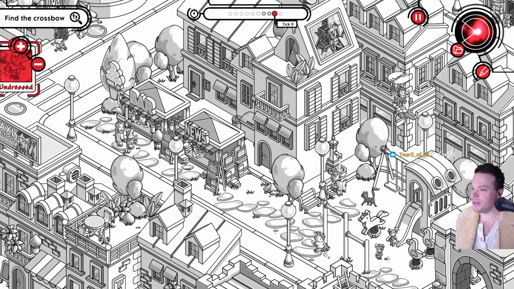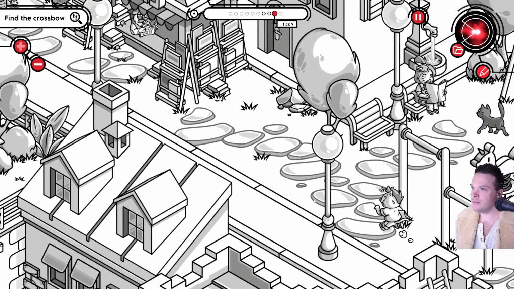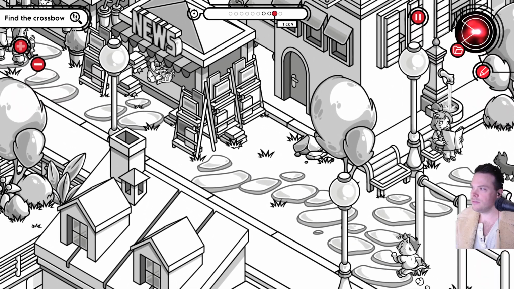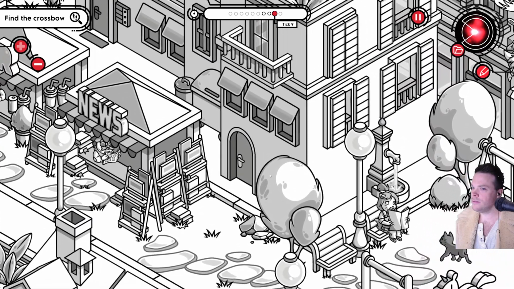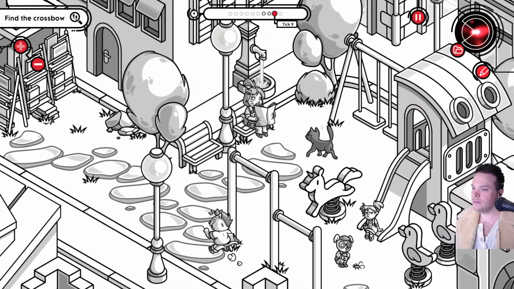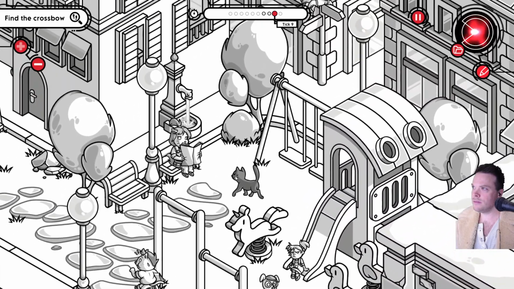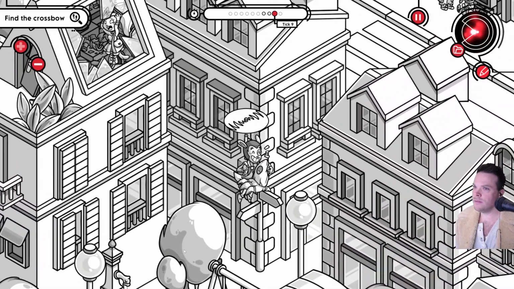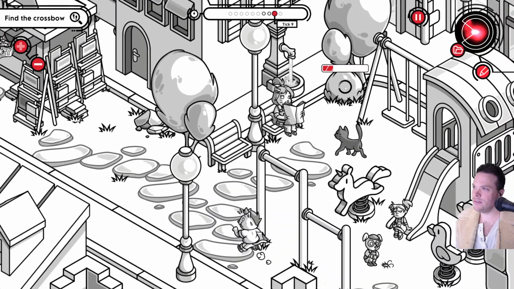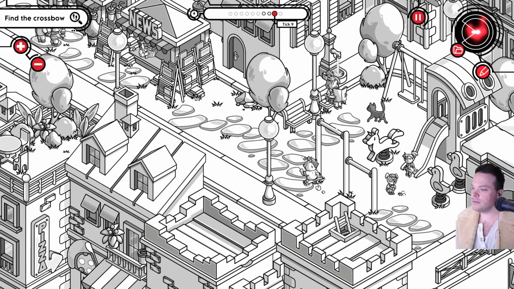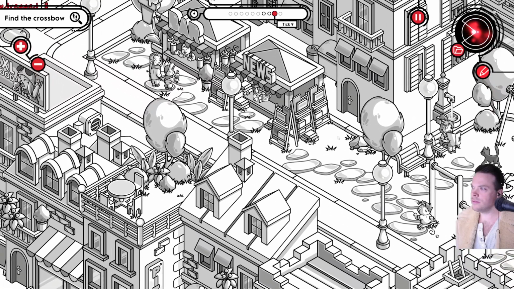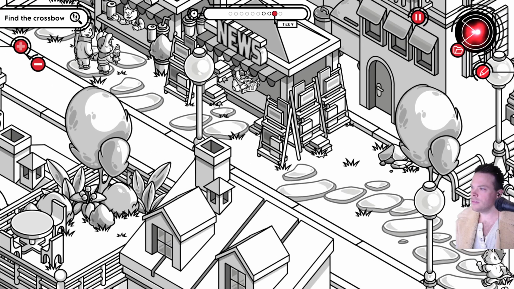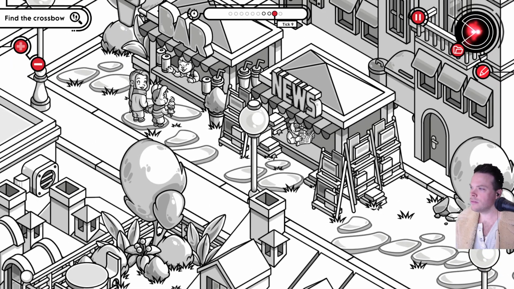He might have come this way. But it doesn't appear to be in the playground. This guy has suspicious googly eyes, but he's not a crossbow.